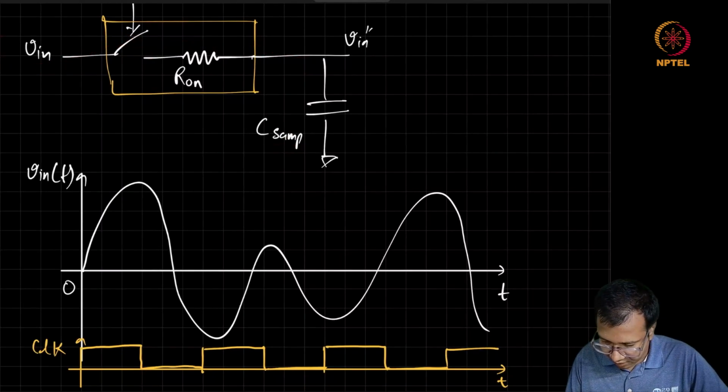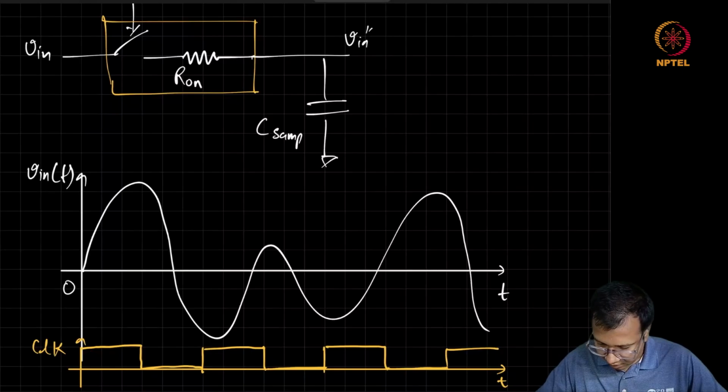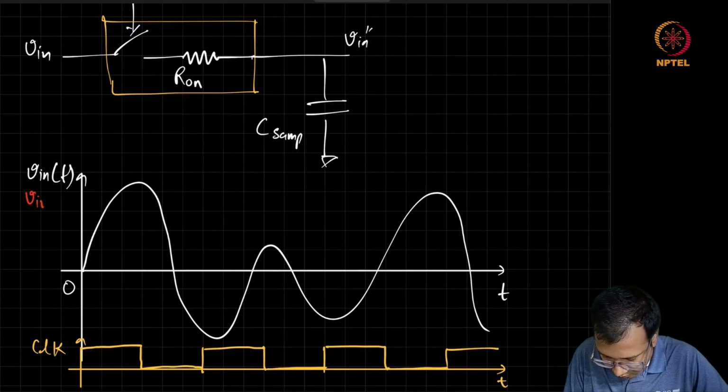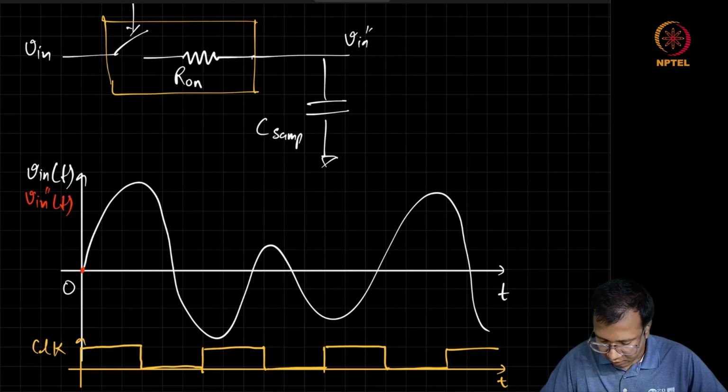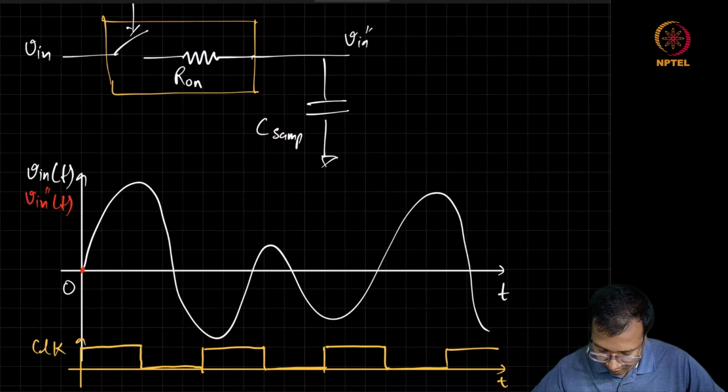So let us try to see how V in double dash looks. Initially, let's say V in double dash was at 0. When we turn on the switch, V in double dash will try to follow V in of t.